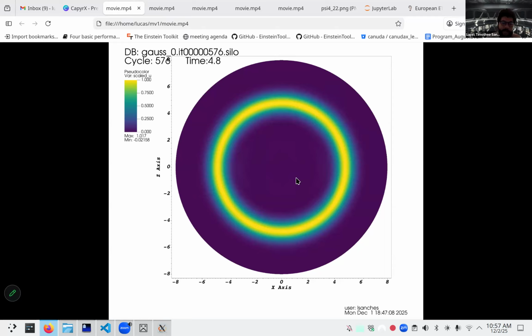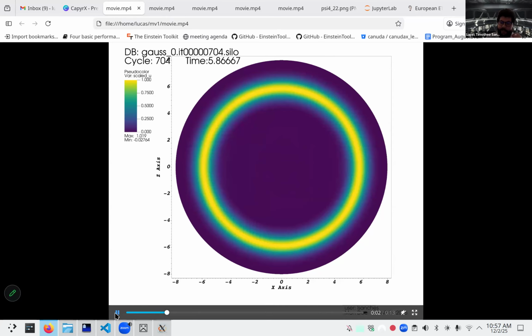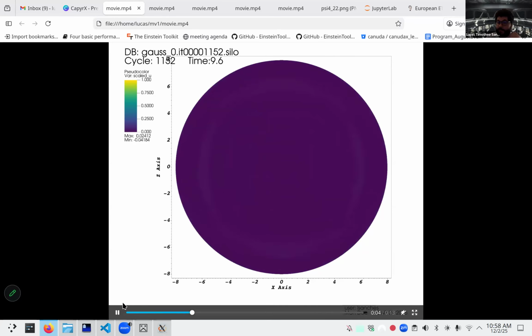That is inevitable. But I'm just going to continue the movie so you can see your Gaussian pulse here absorbed by the grid. I'm not sure if this is visible on Zoom, but you can still see that your absorbing boundary conditions still produce a little bit of reflection, which again focuses on the center.